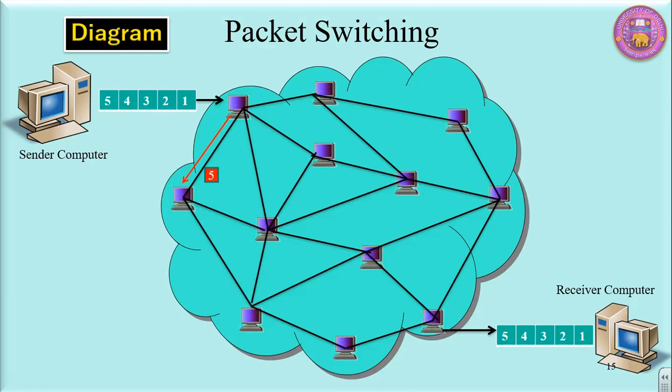You can see that this particular red line contains packet number 5. It has chosen a path from the sender computer and goes up to the receiver computer. The next one is packet number 4. The yellow arrow shows packet 4. It follows a different path and it reaches the receiver computer.